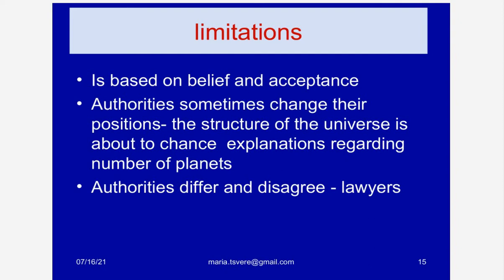And sometimes authorities differ and they disagree as if they are lawyers. This is the reason why when you are doing research, you have to read more than a certain number of the references so that you come up to a consensus or to a common position. So when you do business research, when you do a dissertation, for example, and you're a master's student, we will accept your document if you have referenced at least 75 authorities.